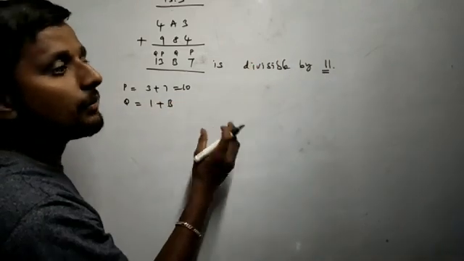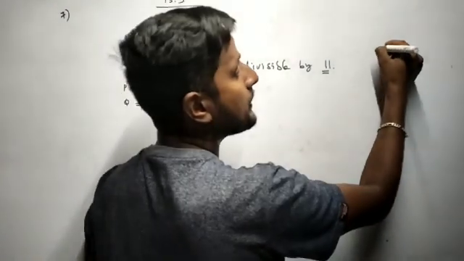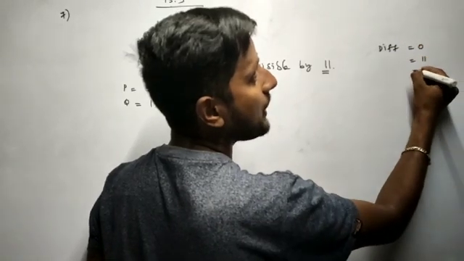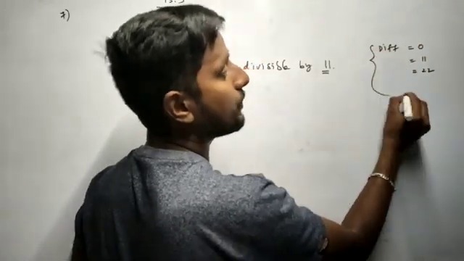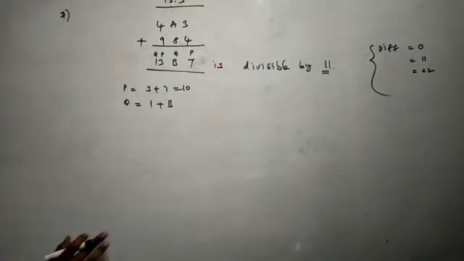So the difference of the both should be divisible by 11, am I right? So that means either the difference must be 0, or 11, or 22, correct? So the difference must be a multiple of 11.